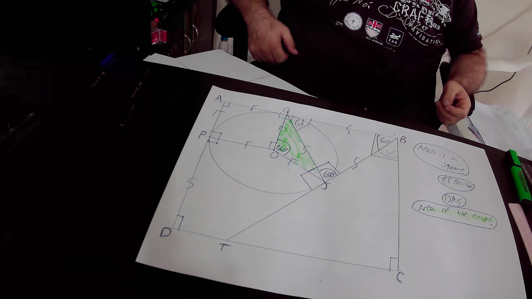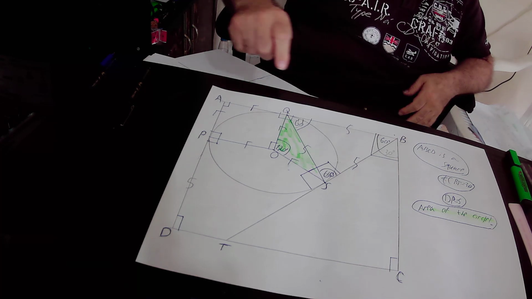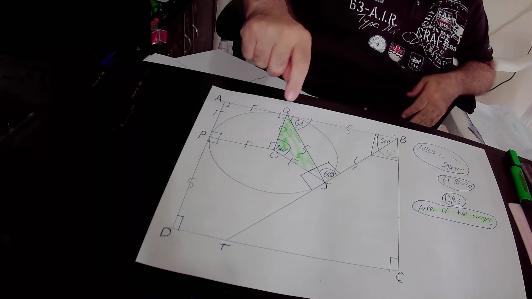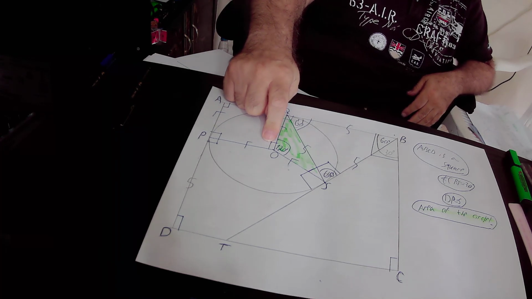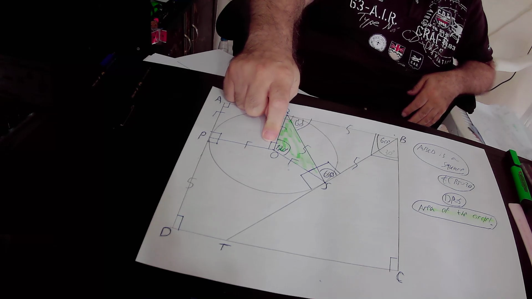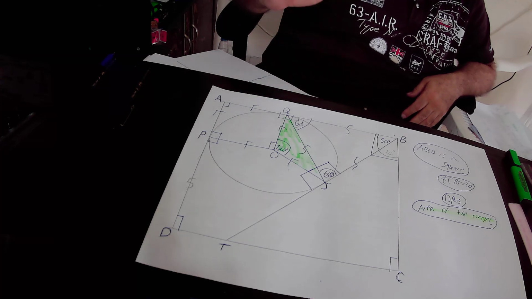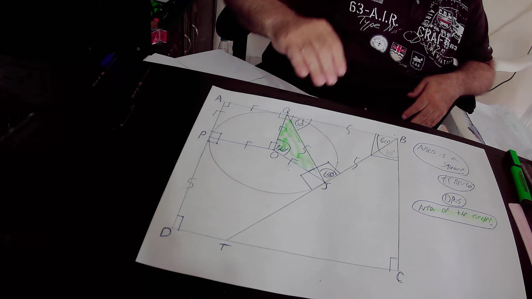So inside quadrilateral AQPO, we have 1, 2, 3 right angles, therefore the fourth angle must be also equal to 90 degrees. So inside quadrilateral AQPO, we have 4 right angles, therefore quadrilateral AQPO is a rectangle.